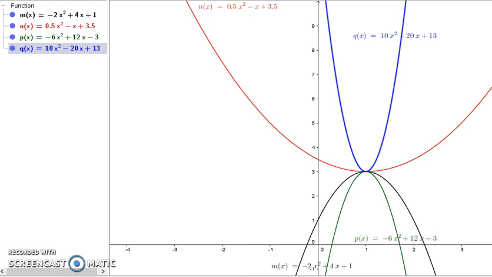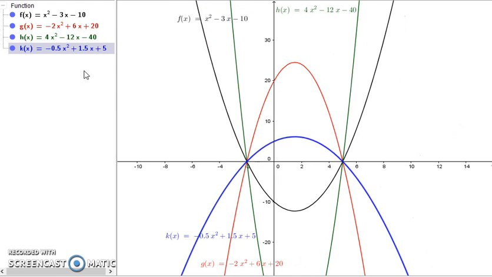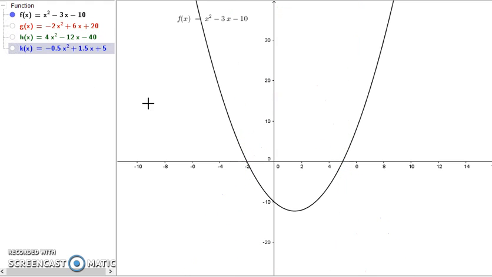Let's look at the second family. The second family that we have is the family that has the same x-intercepts, or the same zeros. In this case, -2 and 5. So if you were to go ahead again and factor these, what you would be able to see is that they all had the same r and s values, and they would be -2 and +5.